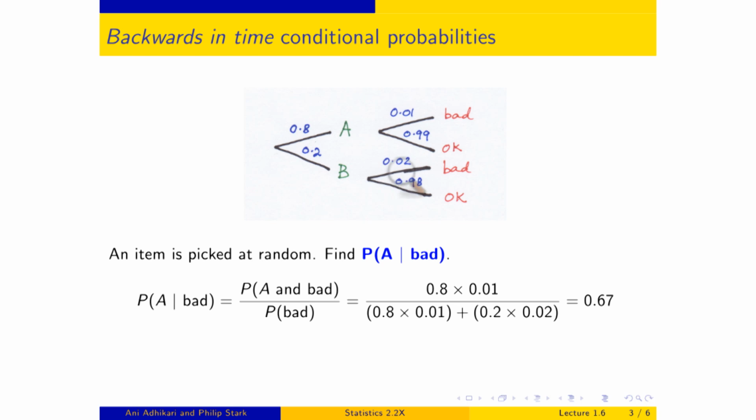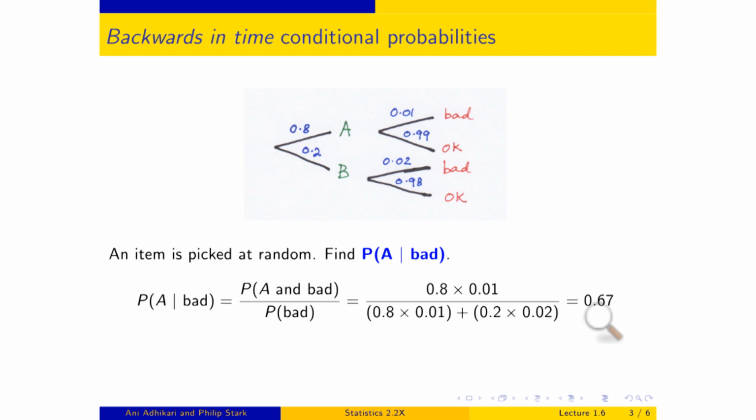It has a higher rate of producing bad items than machine A does. So given that the item is bad, your chance that it came from machine A drops from the chance that you originally had. It drops from the 80%. It becomes less than that.